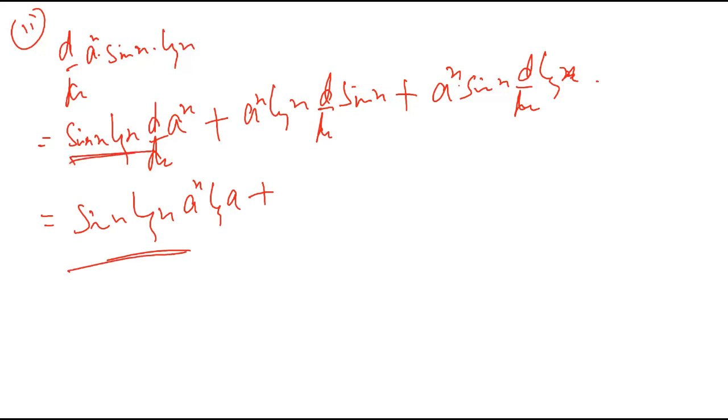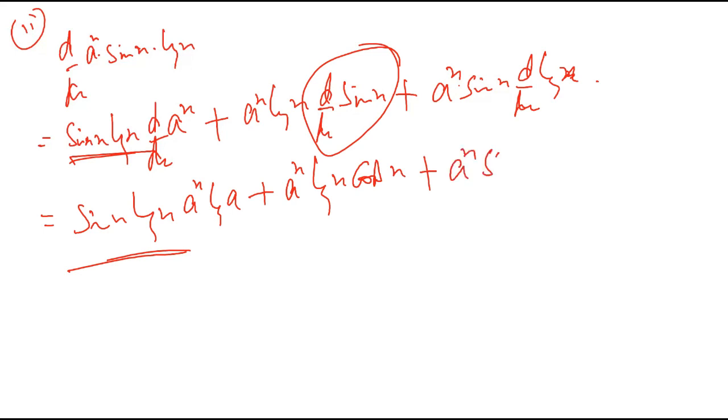Now, plus, the two parts which remain as it is are a power x and log x, and you differentiate sin x, which gives cos x. Clear? Next, you put a power x and sin x as it is, and you differentiate log x, which gives 1 over x.